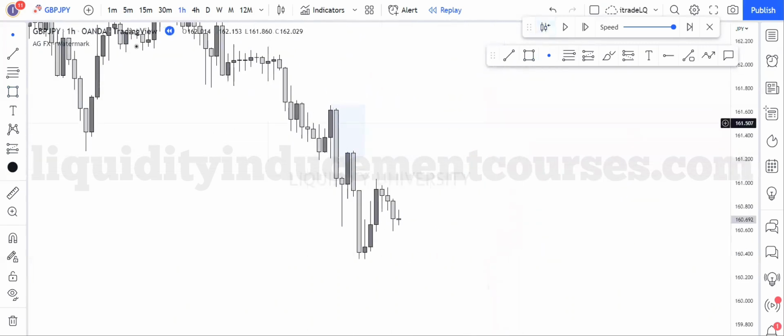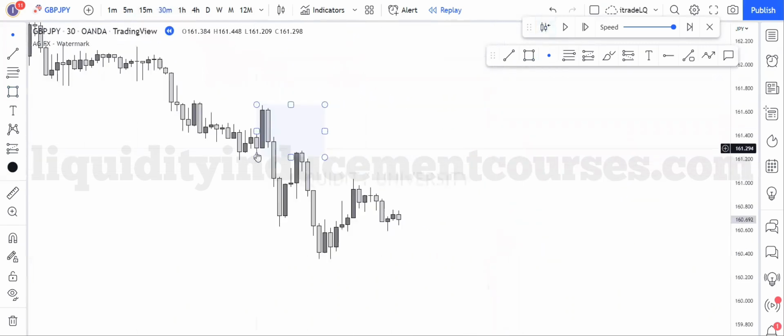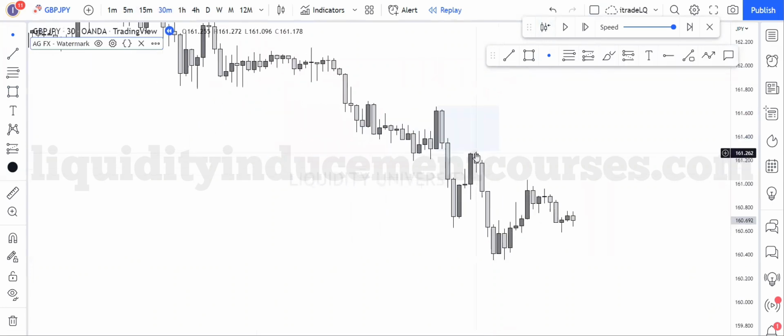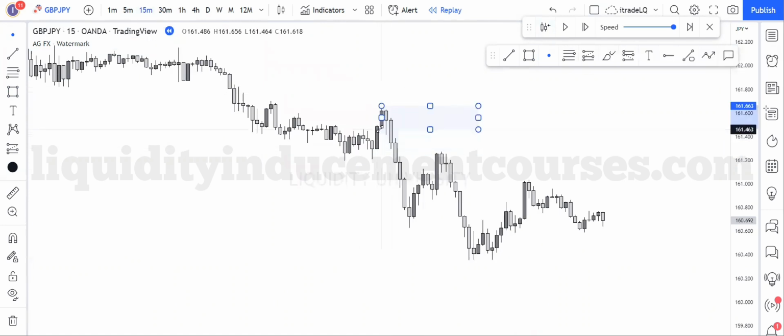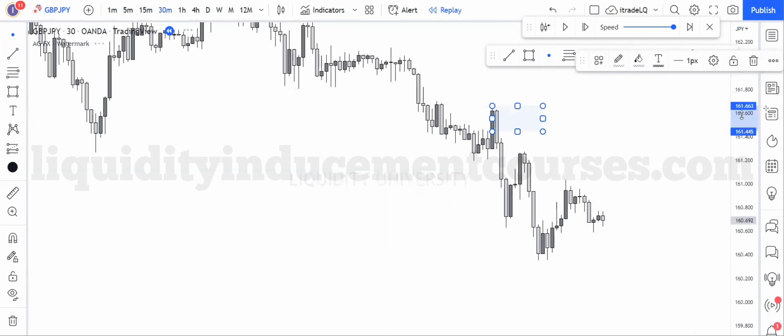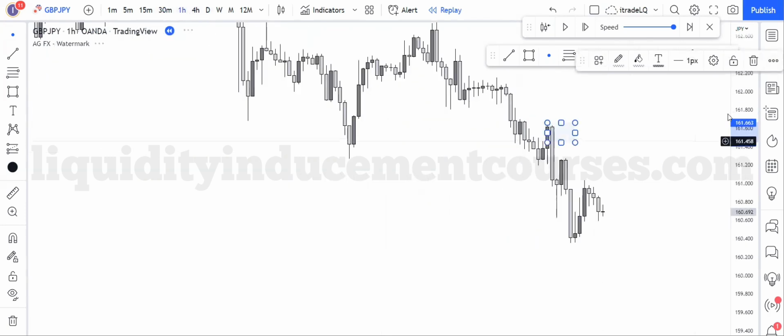Right there. 30-minute changed by a bit. And as you can see, obviously it doesn't go higher. So if you find it even lower, you're not going to get tagged in. Okay. But notice a POI inside of a POI inside of a POI. That is the fractal nature of a point of interest.